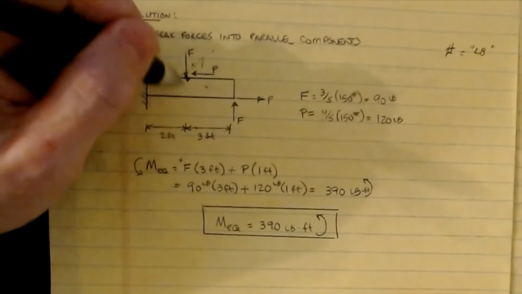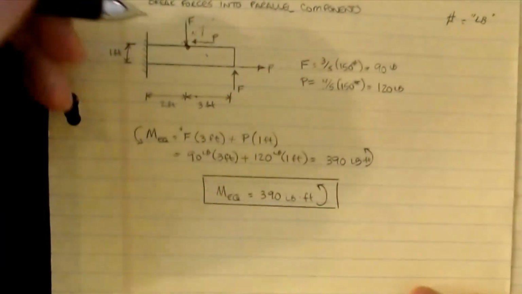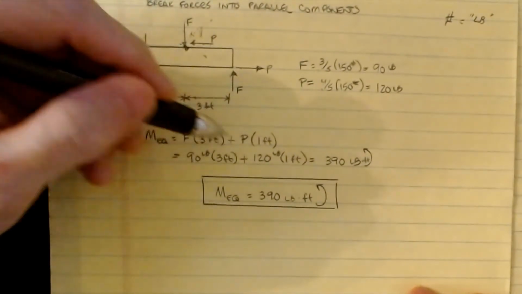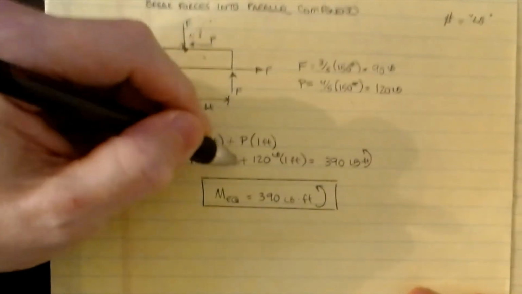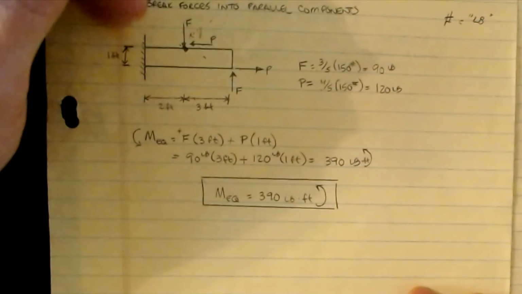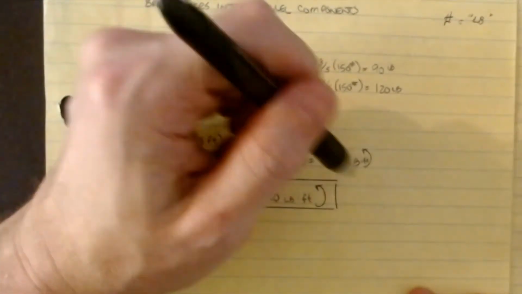This is also going counterclockwise, so that's why it's positive. And its distance is 1 foot, so it's F times 3 plus P times 1. I can plug in the numbers: 90 times 3 plus 120 times 1. It's going to give you a total couple effect of 390 pound-feet acting positively, in the counterclockwise direction.